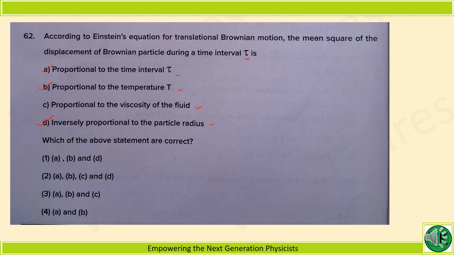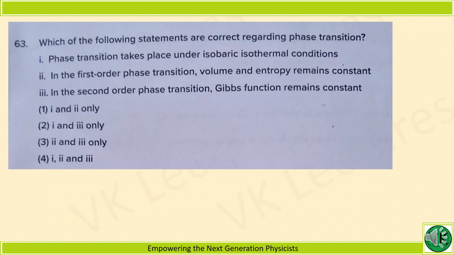So, according to the question, which of the following statements are correct? The correct option is option 1, A, B and D. Which of the following statements are correct regarding phase transition? Statements are: phase transition takes place under isobaric isothermal conditions.